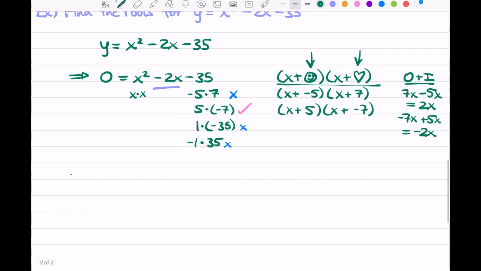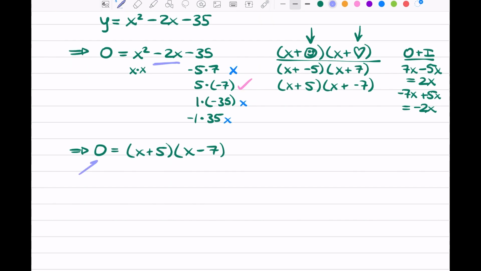All right, let's rewrite our equation, simplifying it now to x plus 5 and x plus negative 7, or just x minus 7. So now that we've set our y equal to 0 and factored our polynomial, our second step says to find the x value that makes each of our factors 0.